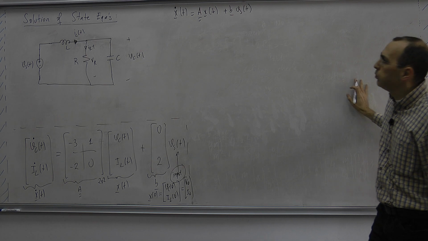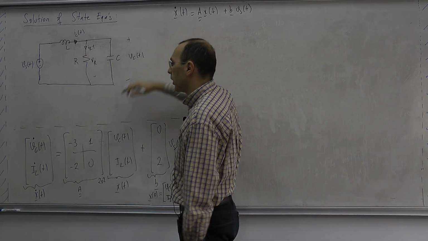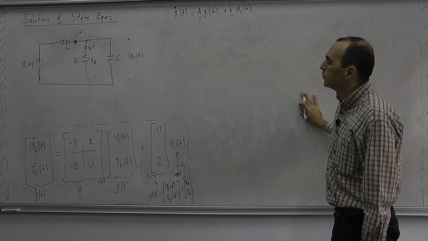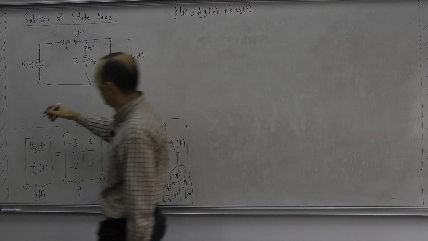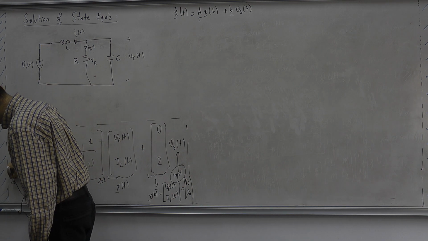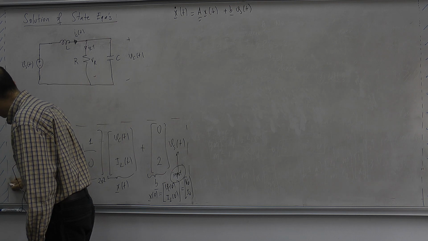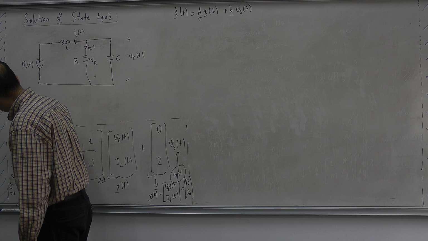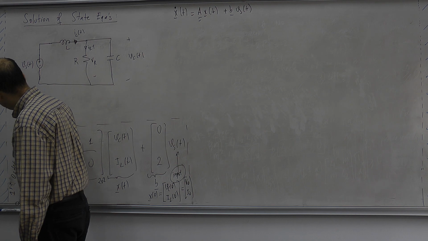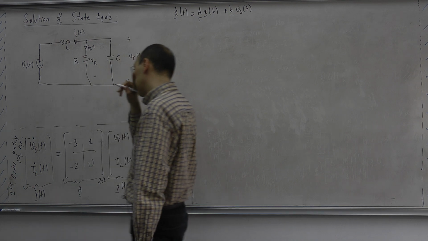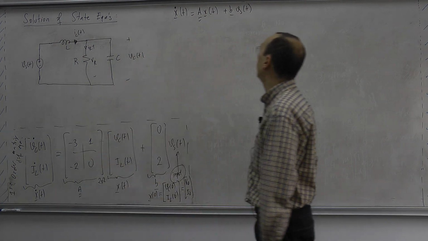Well, one way of looking at it: can I write a scalar differential equation? As I have said, this one is a first order matrix differential equation. This is first order, but the matrix involved is 2 by 2.